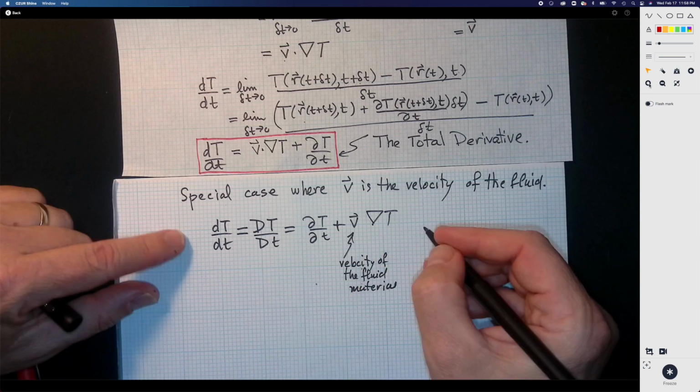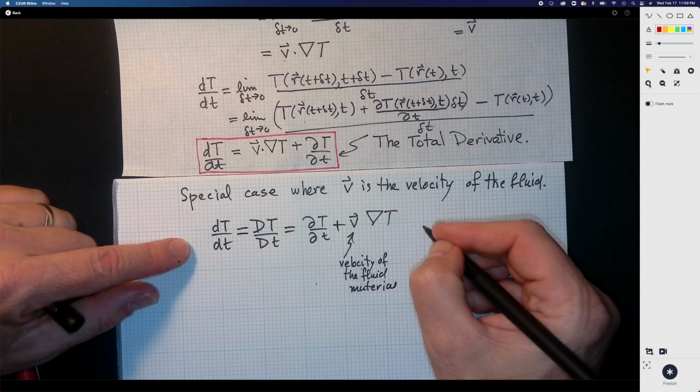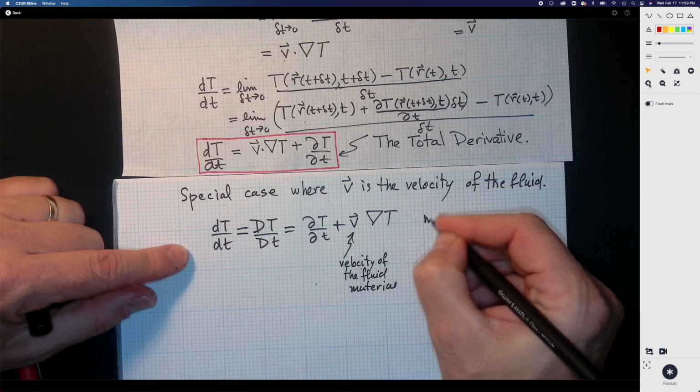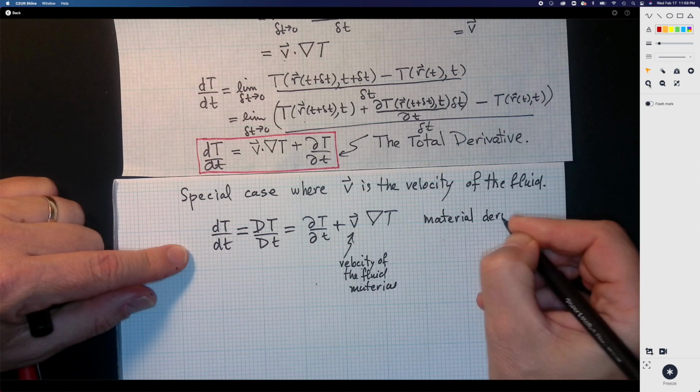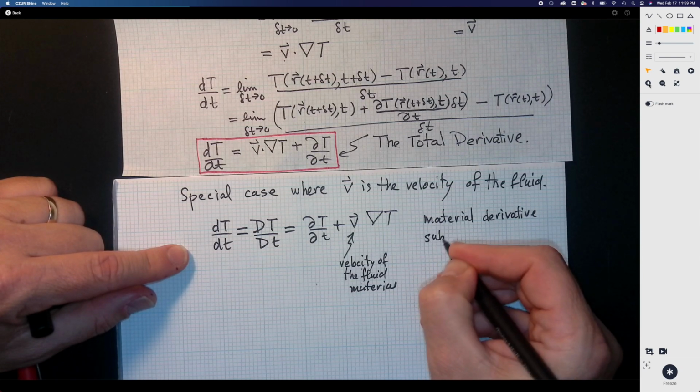Then we call this the material derivative, or sometimes it'll be referred to as the substantial derivative, for the derivative with respect to the substance. So this is the material. Or sometimes called the substantial.